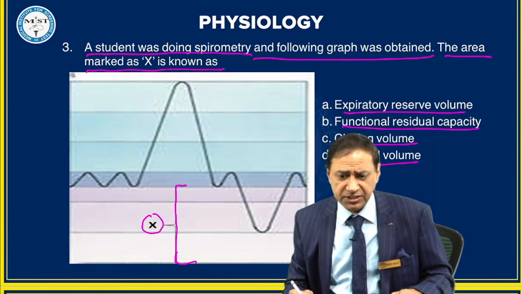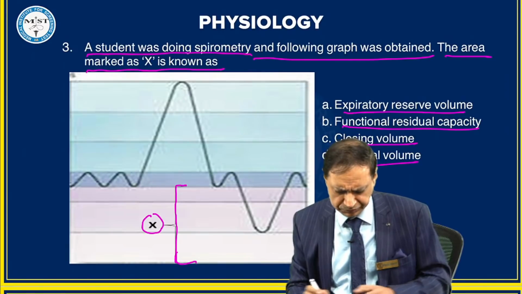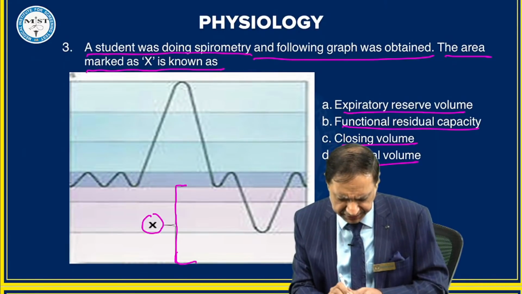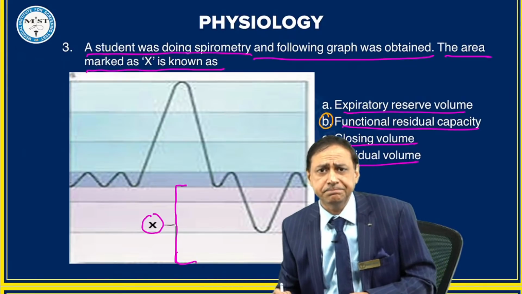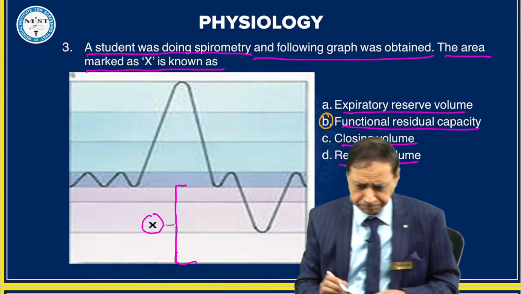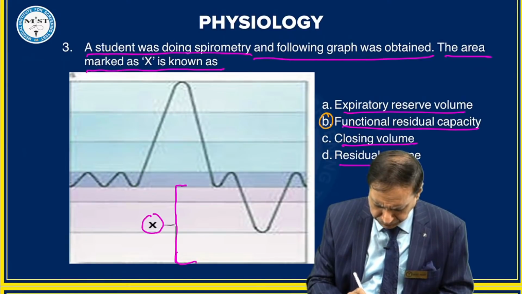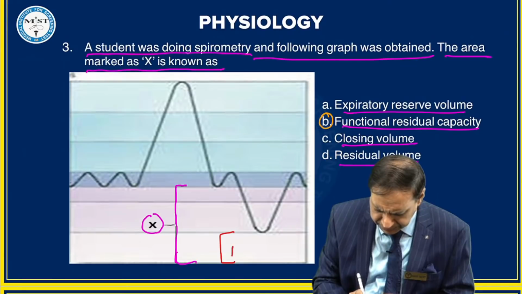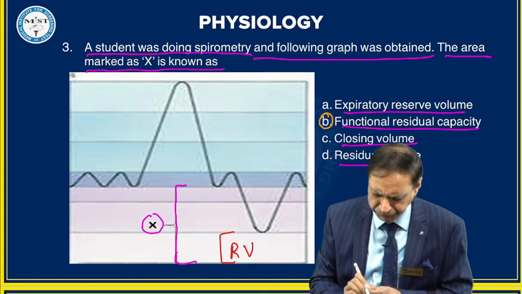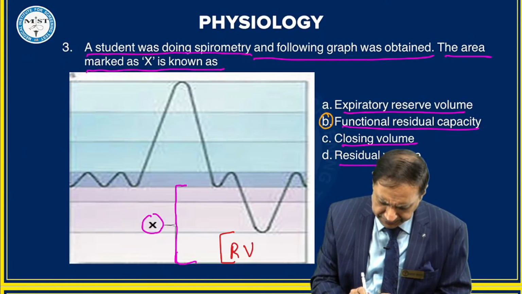Yes, the question is easy here. This is the functional residual capacity, FRC. This is the residual volume, and this is the expiratory reserve volume.